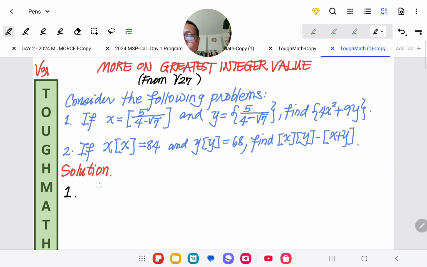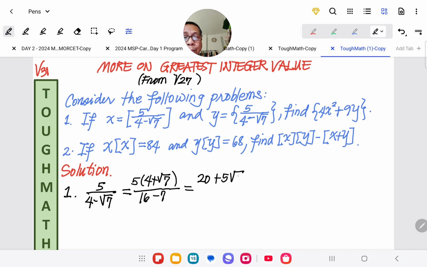First we look at 5 over 4 minus the square root of 7. Just like before, we have to rationalize the denominator. So this is 5 times 4 plus the square root of 7 over 16 minus 7. So this is 20 plus 5 square root of 7 over 9.